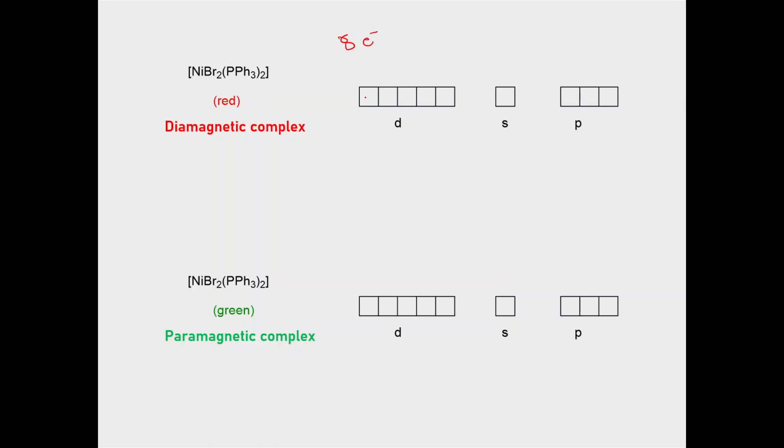So the way we will fill the d orbital is 1 2 3 4 5 6 7 8. But since we don't have any unpaired electrons, it will be present like this, that means 1 2 3 4, right? So in this case this will be vacant.